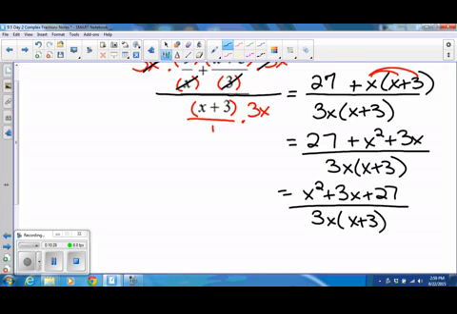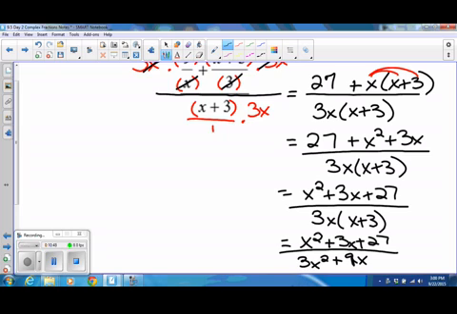Okay, because this is the same thing as x squared plus 3x plus 27 over 3x squared plus 9x. Those two answers are the same answer. This one is just the 3x distributed. Okay?